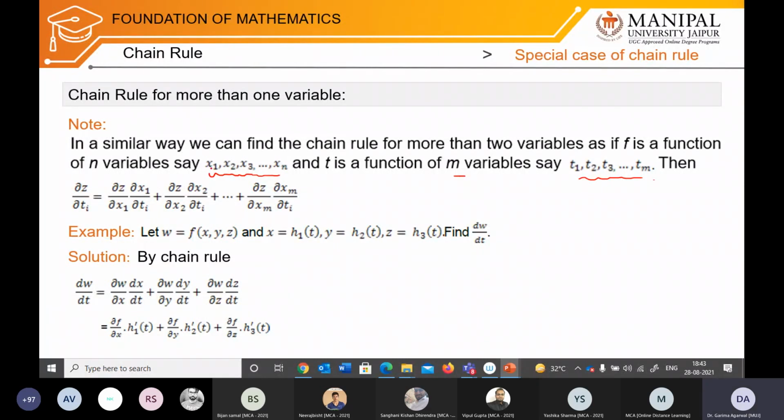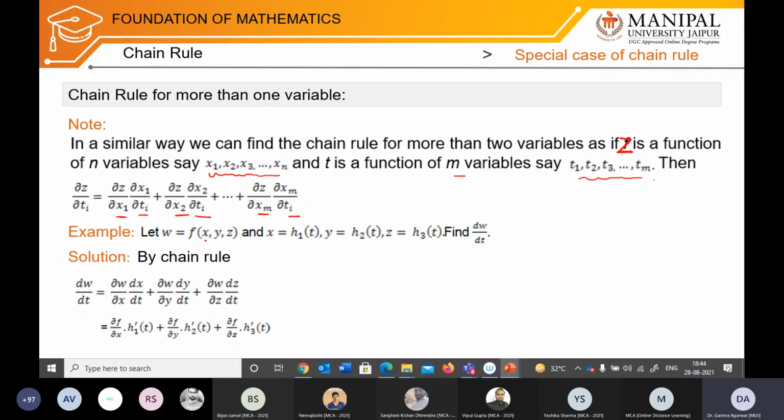Here z is a function of n variables. That should be z, not f. Z is a function of n variables x1, x2 up to xn. That means z can be differentiated with respect to x1, x2 up to xn. Then each x is a function of m variables, so we can differentiate x1 with respect to t1, t2 and so on. So this is the generalization, right?